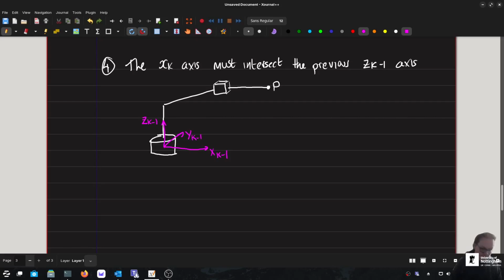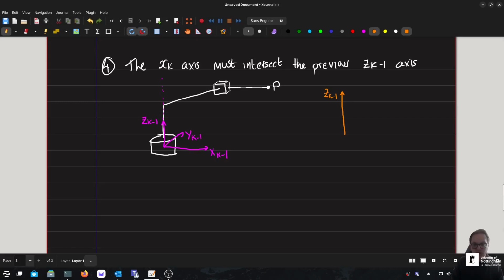Correct. So now when I look at the next joint, I need to ensure that my next x_k axis intersects with this z_{k-1}, which, remember, is further back in the page. To make that even more clear, I should probably just extend that into it. There we go. So if we just draw out where z_{k-1} is, we know it's upwards in this direction.